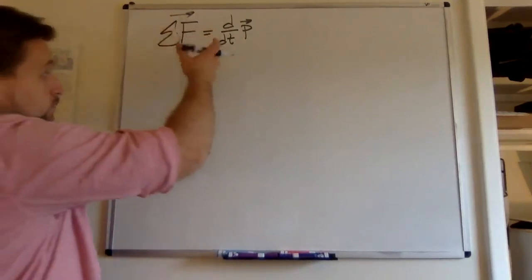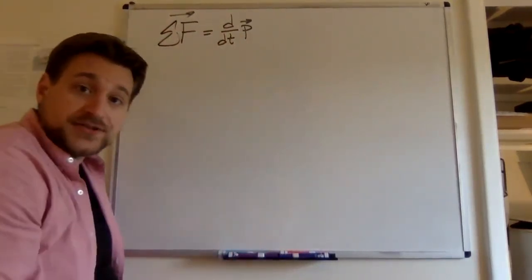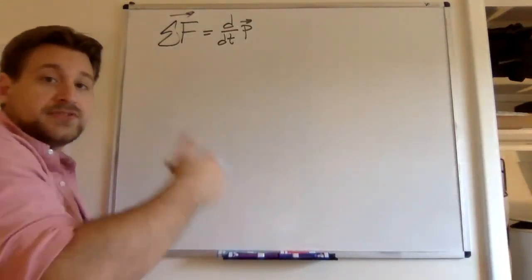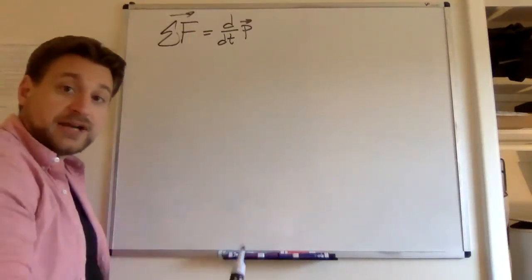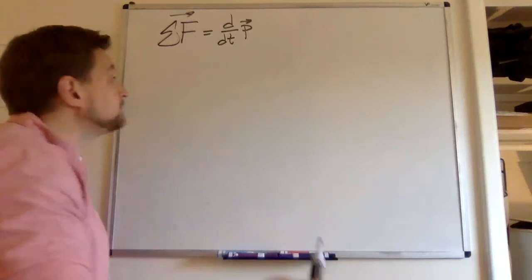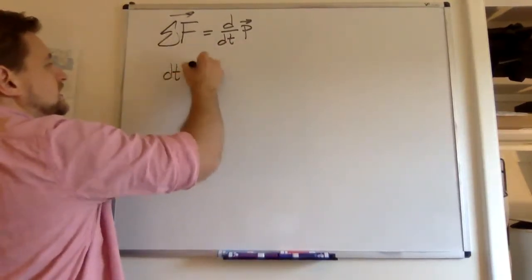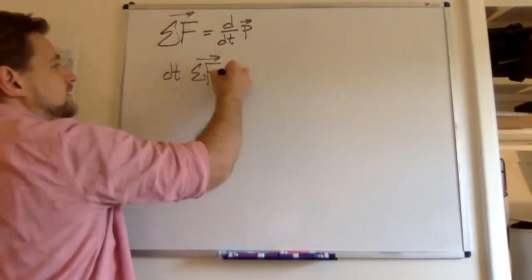If we treat this like it is a differential equation, it's a differential equation that is separable the same way that the differential equations we looked at when we were talking about air resistance were separable. What if we multiply both sides by dt so that we can write this?